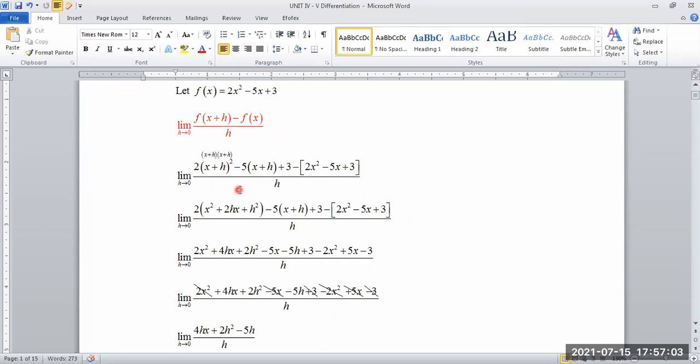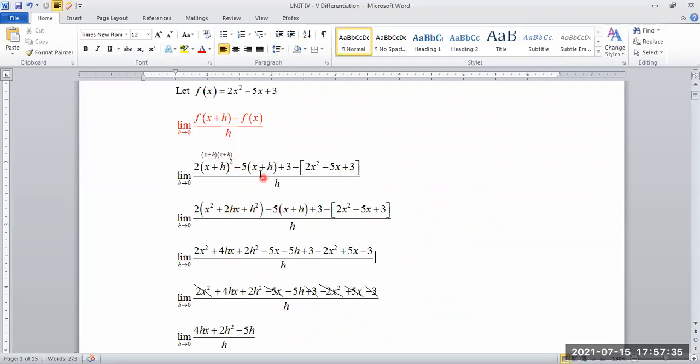The truth of the matter is, and I really don't want to sound like a bad teacher, this is not the class for me to teach you how to expand your parentheses. You are supposed to come to the class knowing how to do that. So don't think that is jumping the gun. I only put this x plus h times x plus h to jog your memory that we are multiplying those two brackets together to give me x squared plus 2hx plus h squared, all right?